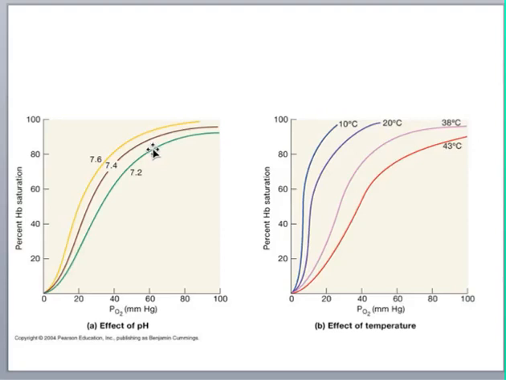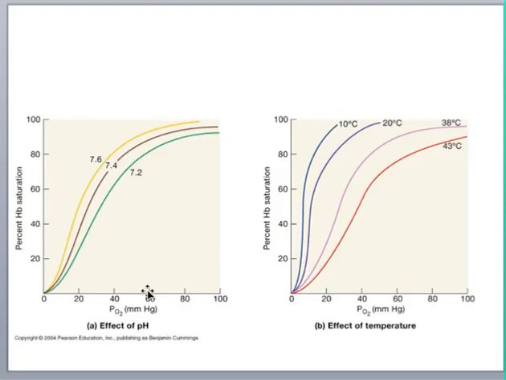It has a lower saturation, meaning it lets it go into actively metabolizing tissues. So the curve is shifted to the right in actively metabolizing tissues that have a lower pH. Whereas if we are in the lung tissue where the pH is higher, this will move the curve to the left, and this will show that the hemoglobin actually has a stronger affinity for oxygen.